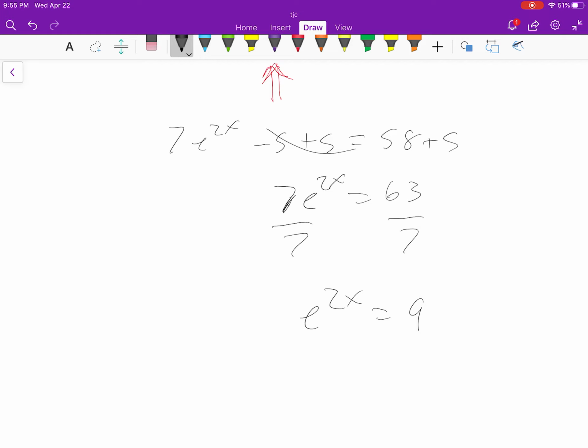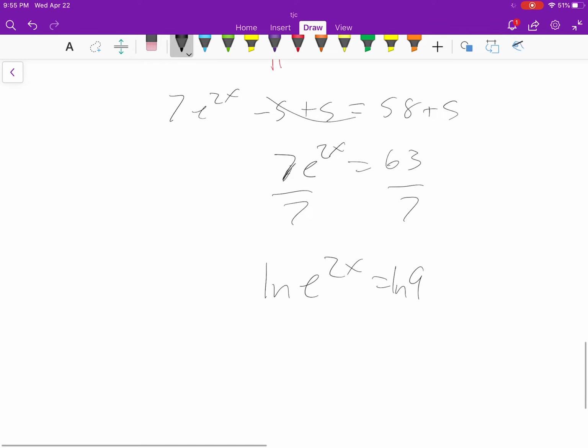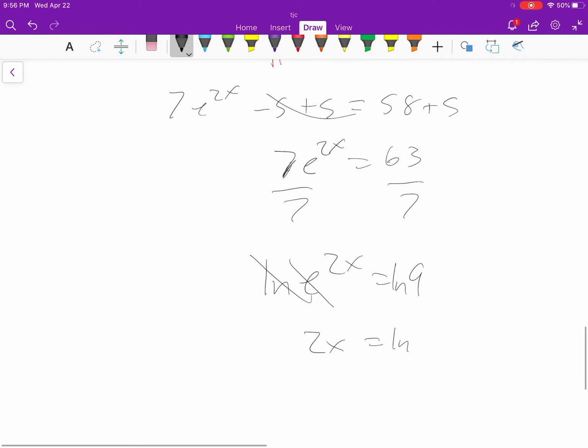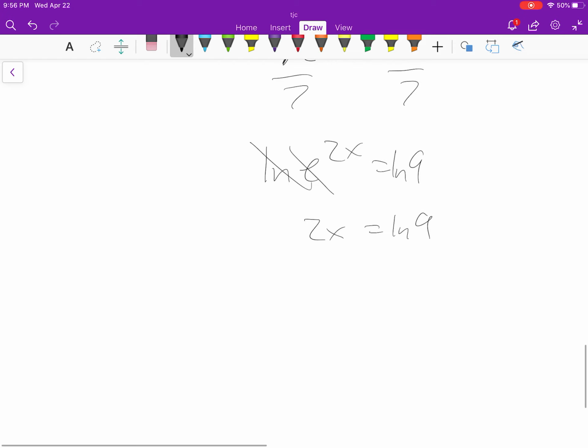Now, we're going to go ahead and use the natural log, which is known as ln. Take the ln on both sides. And from the properties that we talked about last time, we know that ln and e will cancel each other out. And you'll be left with just 2x equals ln 9. Divide both sides by 2.